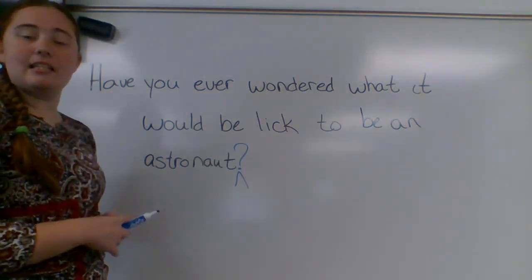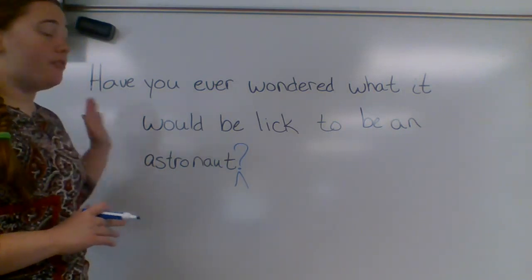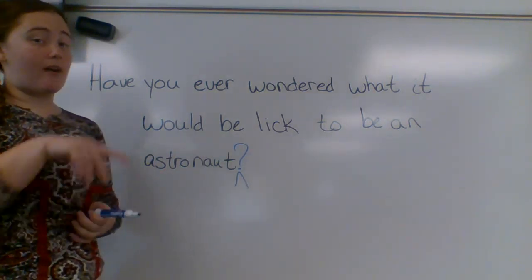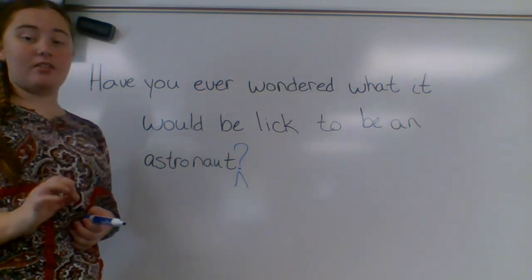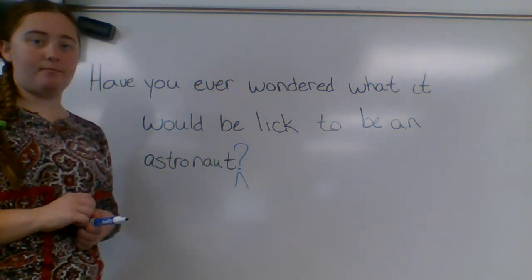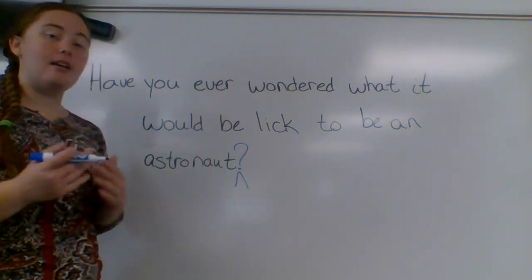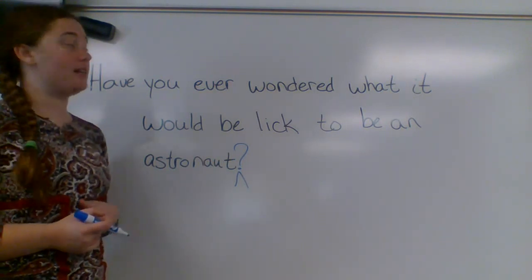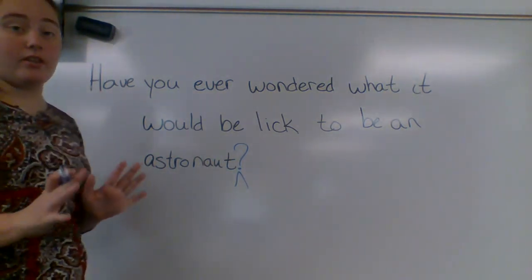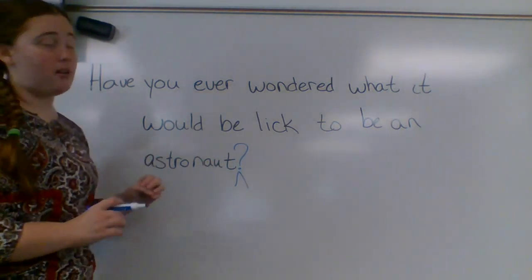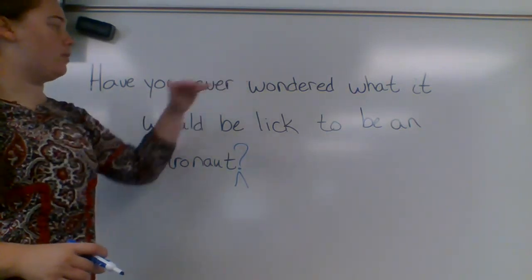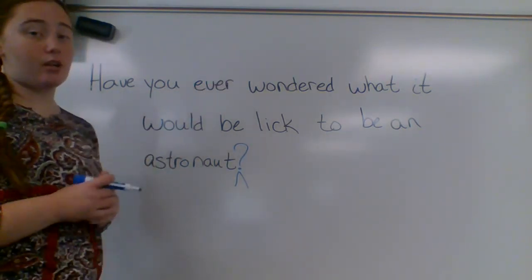Okay, and last thing, spelling mistakes. There is a spelling mistake in here. If you haven't found it yet, I want you to pause the video, take a look at the sentence in your book, see if you can find it. Okay, our spelling mistake is, if I were to read this as it's written, have you ever wondered what it would be like to be an astronaut?